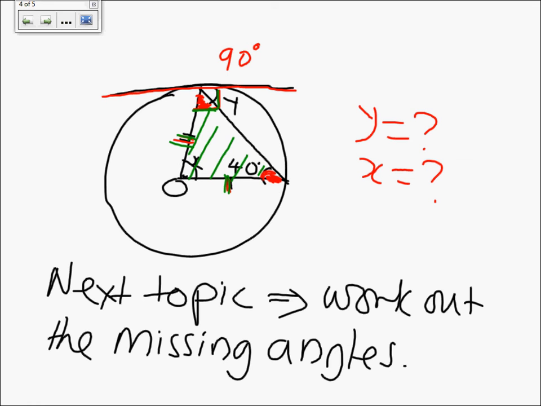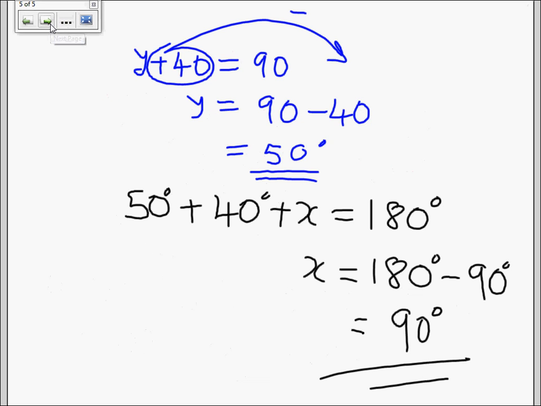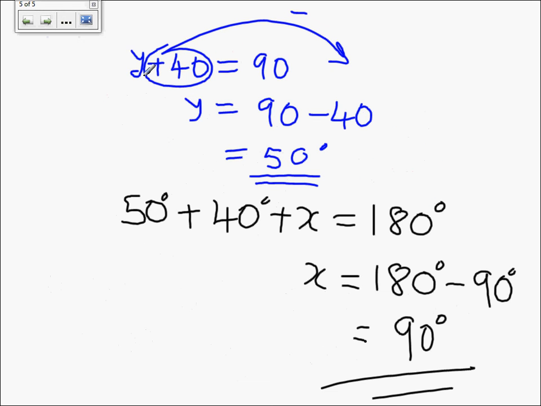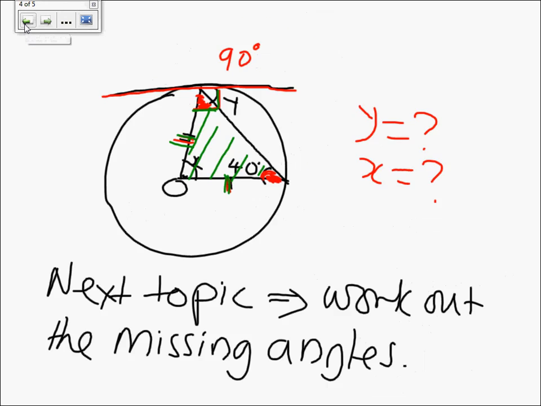So from this, we can now say the total angle there is y plus 40 is equal to 90. Can you see that? Because of the properties of an isosceles triangle, which is this whole triangle here.